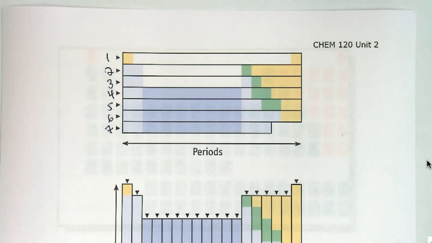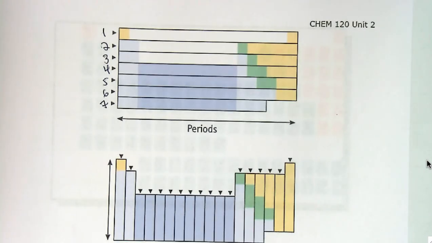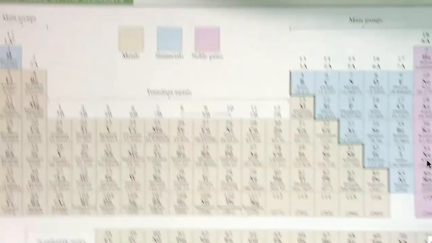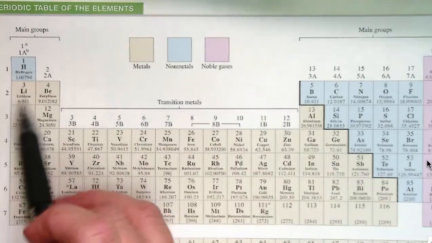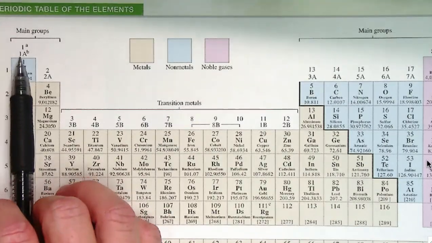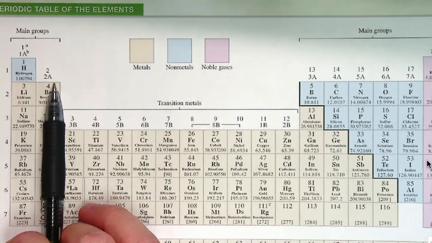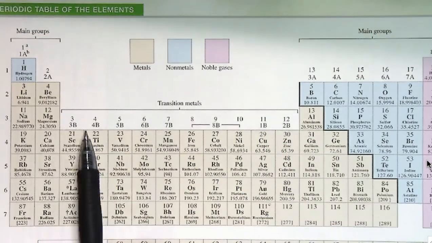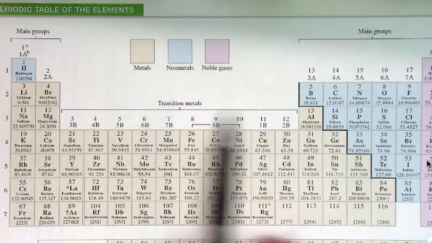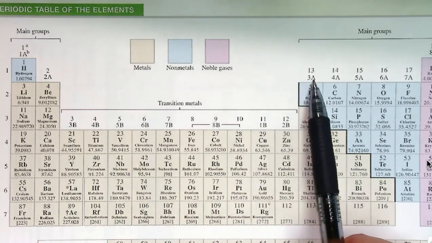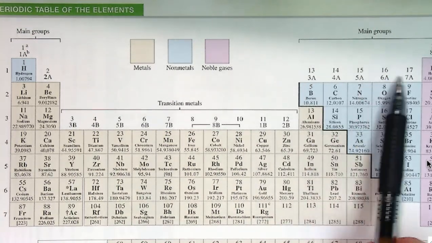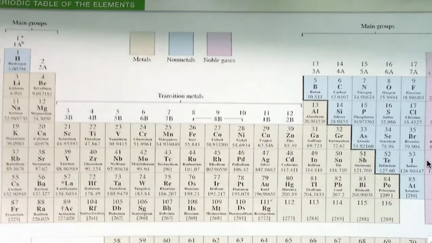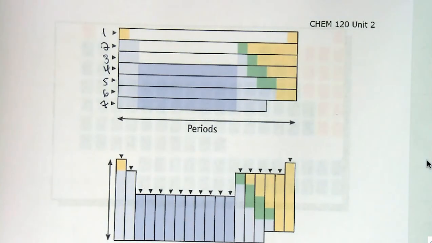And your book has the numbering that I like. If you look at the periodic table in your textbook, the numbering that really makes the most sense for the groups: 1A, 2A, and then if you notice these, it goes 3B, 4B, 5B, 6B. Those are the transition metals. And it goes up to 3A, 4A, 5A, 6A, 7A, 8A. So those are your groups.